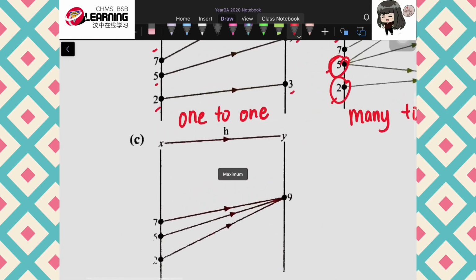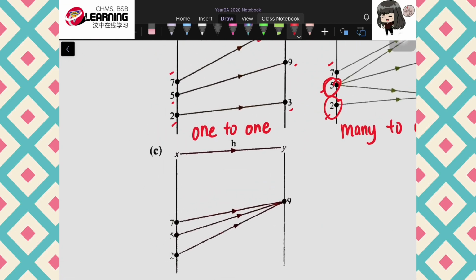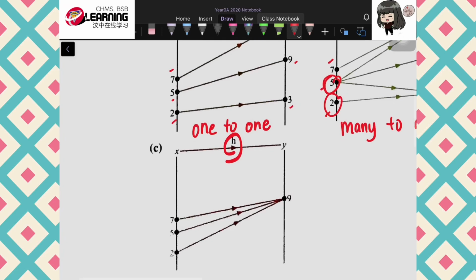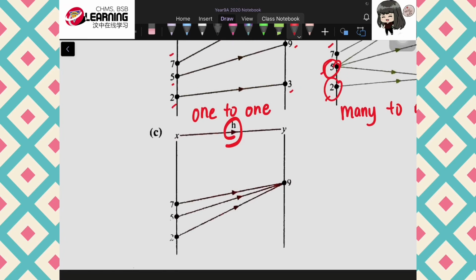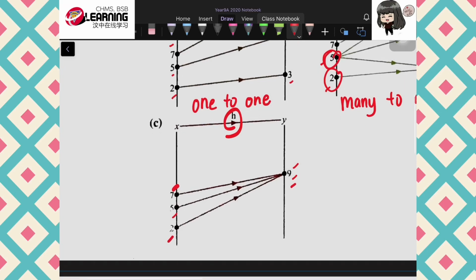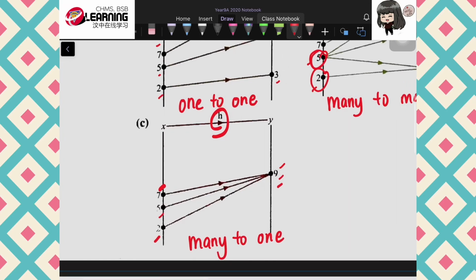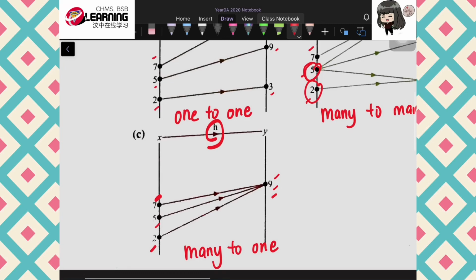How about C? Can H be called a function H? Let's see. Object 7 goes to image 9. Object 5 goes to image 9 as well, and object 2 goes to 9 as well. So we can see that many inputs go to only one output, so it's called many to one. Is H a function, or just a relation H?